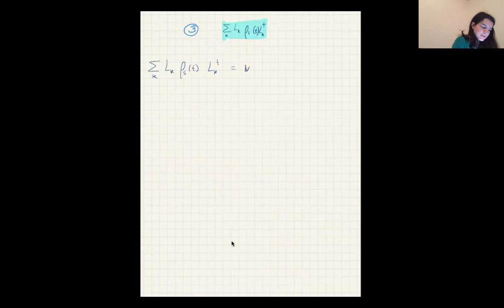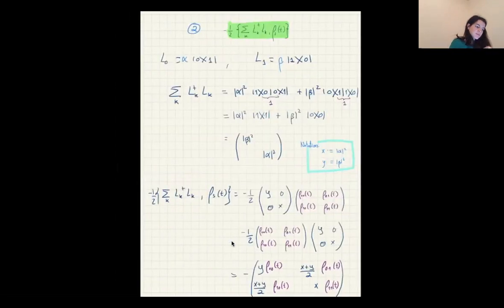The first with L_0 is going to give us alpha squared, and then 0, 1, rho_S of t, 1, 0, plus beta squared 1, 0, rho_S of t, 0, 1. I can just bring back what these two operators were.